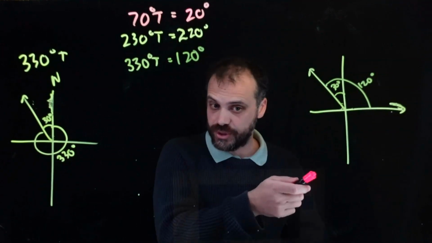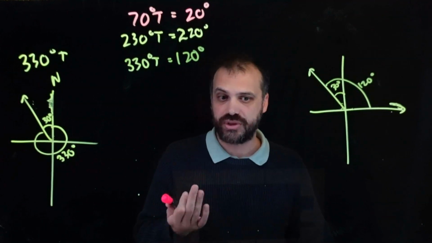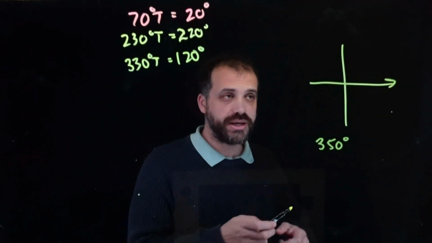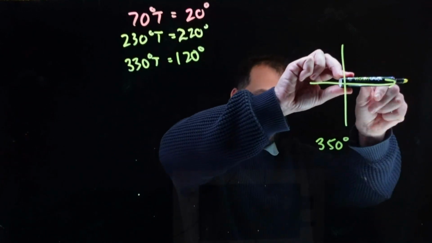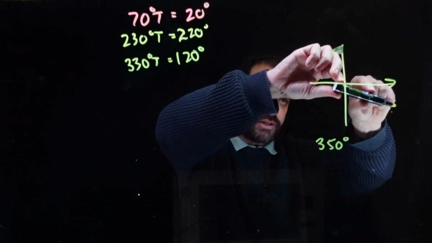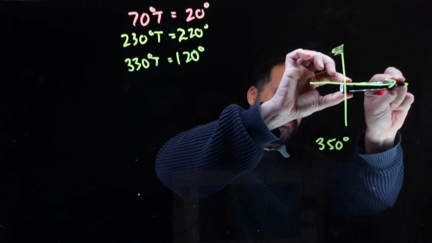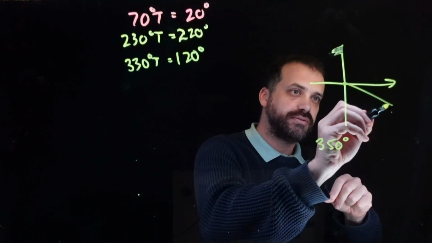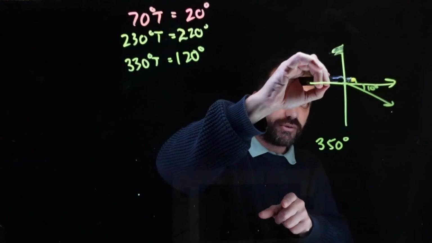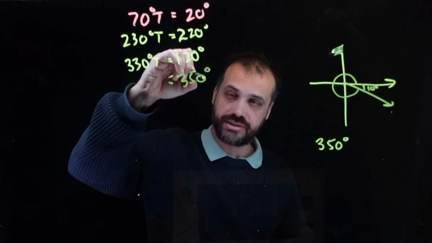If a mathematician spoke to you, you could convert it to what a plane would do or a boat captain would think about. So a mathematician says 350 degrees. And you understand that to be start here and rotate anti-clockwise 350 degrees. If you did 360, you'd be back where you started. So back a little bit by 10 degrees. That's 10 degrees there. Okay, so all the way around from there to there is 350 degrees. That's what a mathematician thinks.